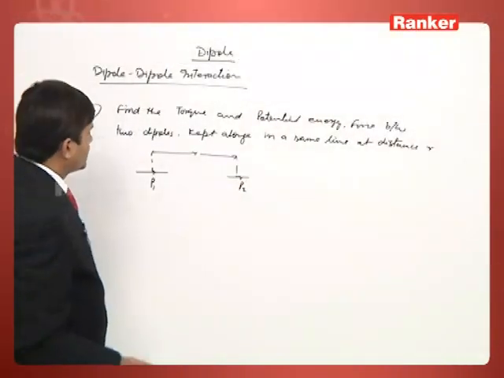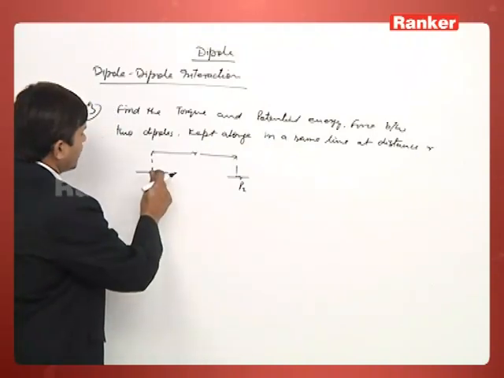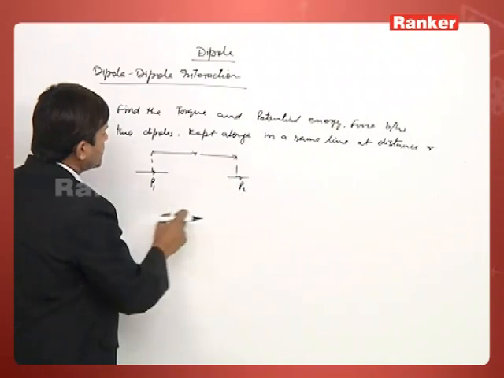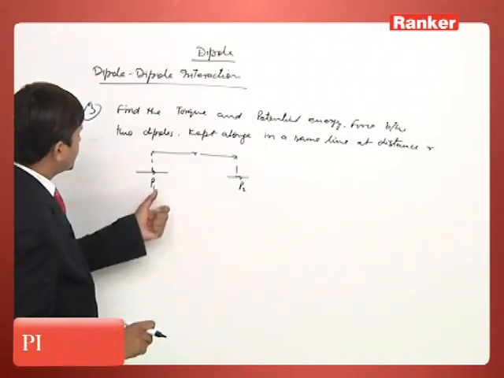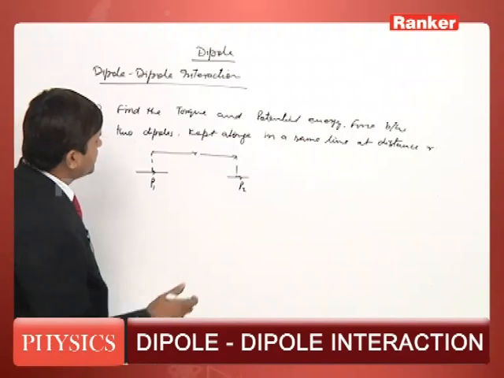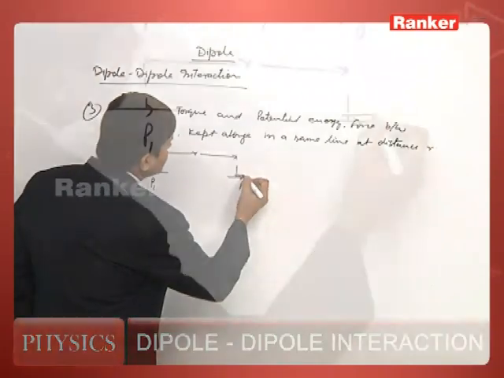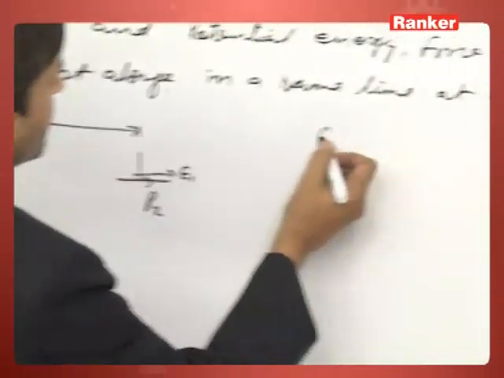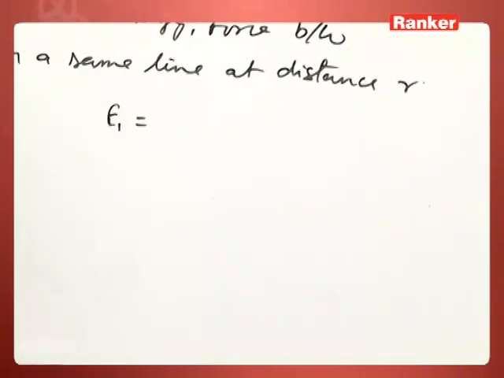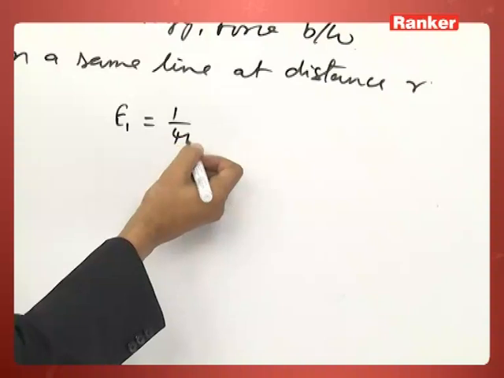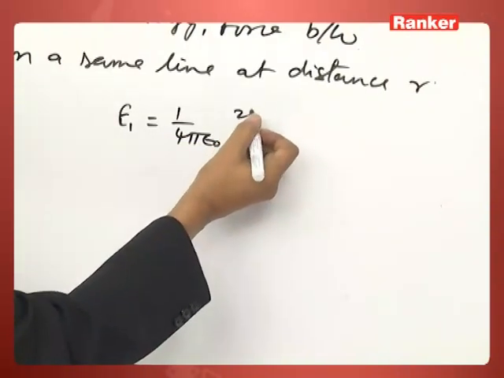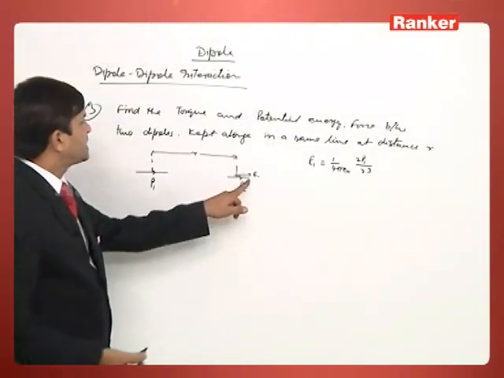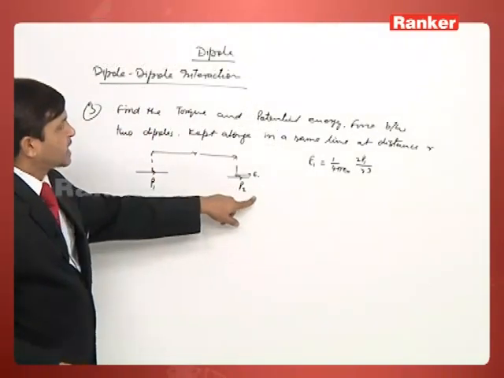So again, same way. Now, what is the difference here? This P2 is on the axial line of P1. So the electric field at this point is also in this direction. In the axial line, the electric field is given as 1 by 4 pi epsilon naught, 2 P1 by r cube. The electric field direction is this, P2 direction is this.